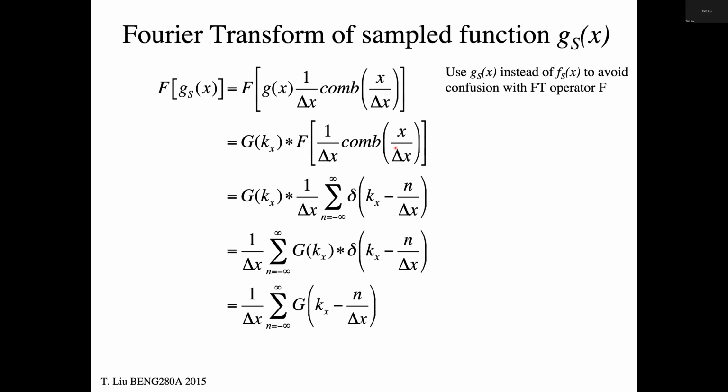When we do it in real life, is that discrete, or is that still continuous, or is it converted to discrete? That's a very good question. The question is, when we start to do this in real life and take this Fourier transform, is it going to be something that's discrete?